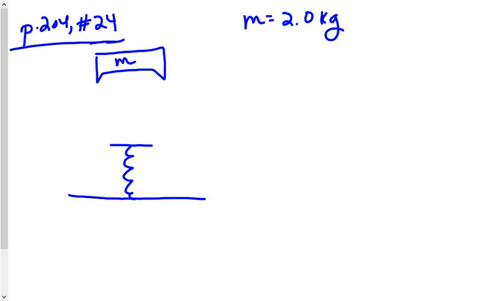And what's going to happen? I'm going to let go of the mass, and what's going to happen? Maddie. Okay, so it's going to accelerate, it's going to hit the spring, it's going to compress the spring.